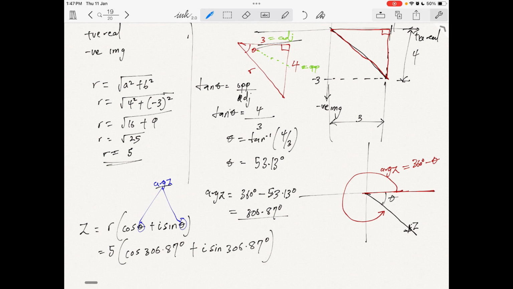And this can be further written as 5 argument 306.87 degrees.